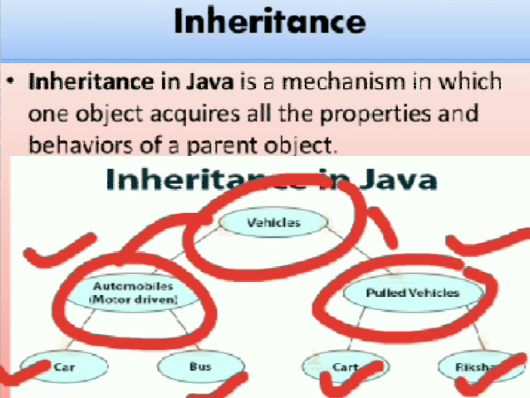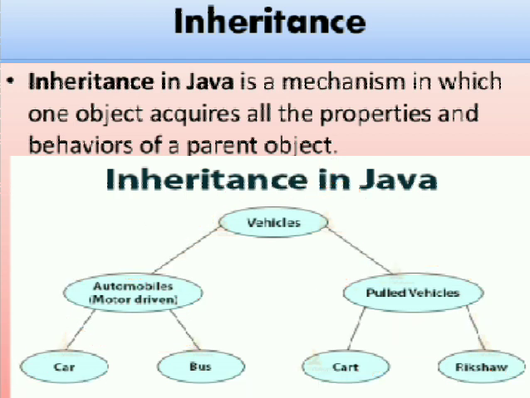So this is actually the cycle: parent class, child class, and again child class. ठीक है? So that is the basic inheritance concept, and how this is applied in programming we will see later. The concept is clear? Okay. So this is all about the concept.